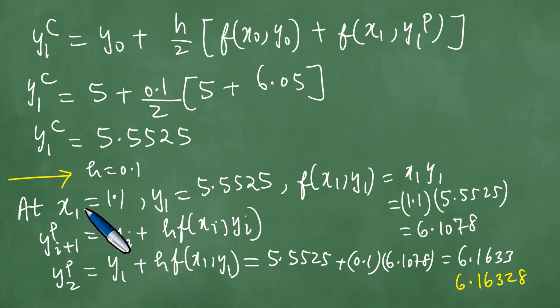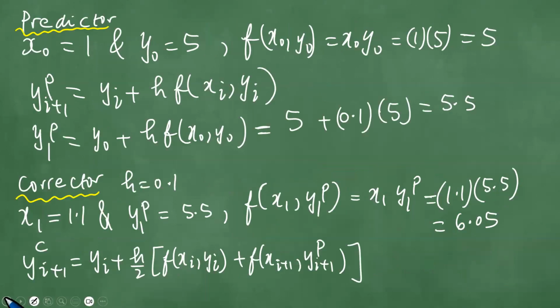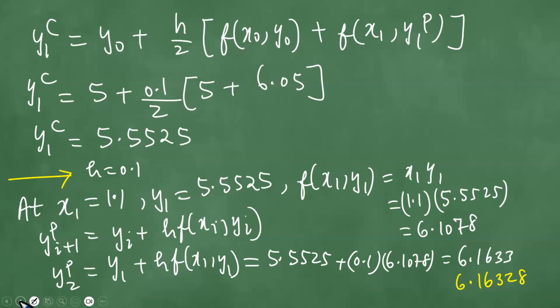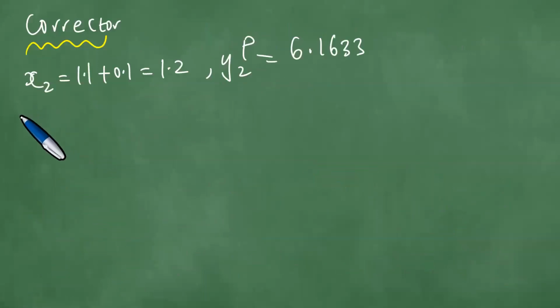We've already got the x2, y2, and then now we must multiply them. Why? Because that is the original differential equation. Yes, we must multiply them. Because we must use the original differential equation, we're going to use f of x2, y2p.